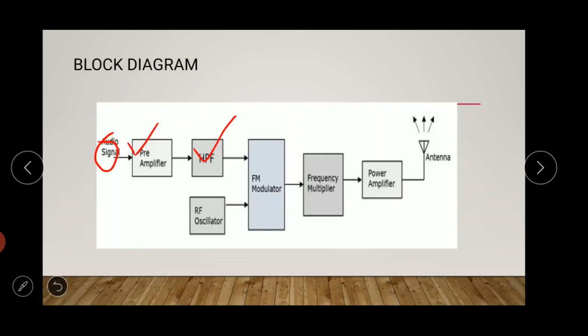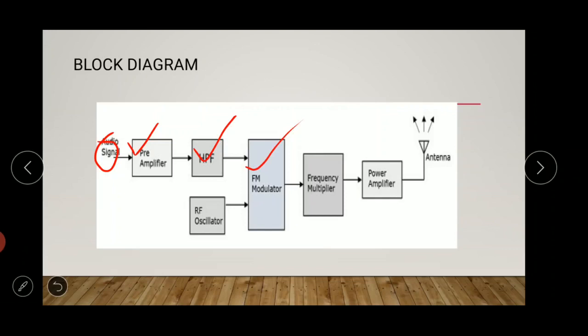This pre-emphasis network increases the amplitude, or we can say magnitude, of the higher signal frequency, thereby improving the signal to noise ratio. The next one is the modulator.